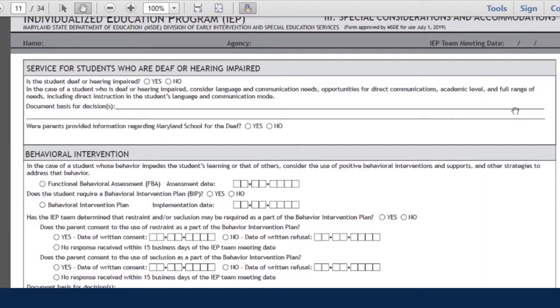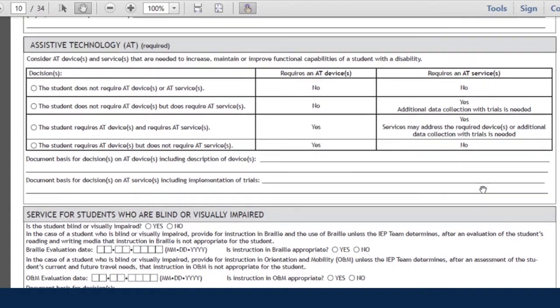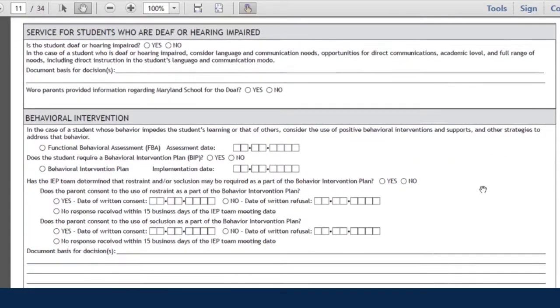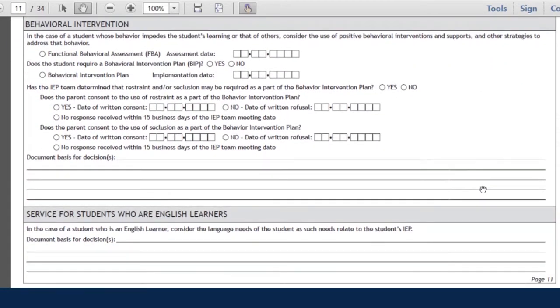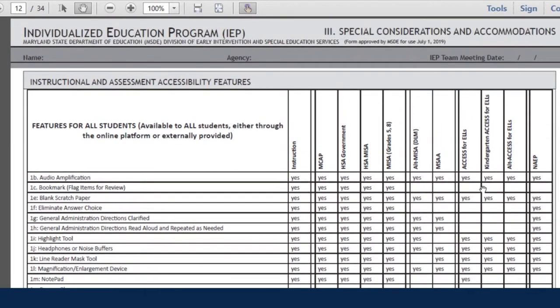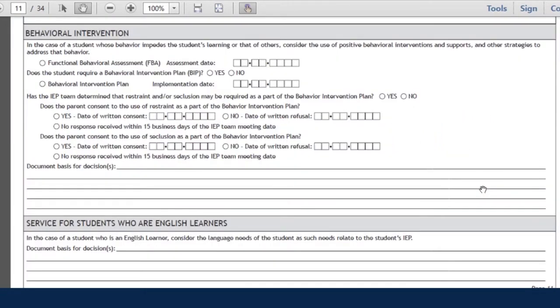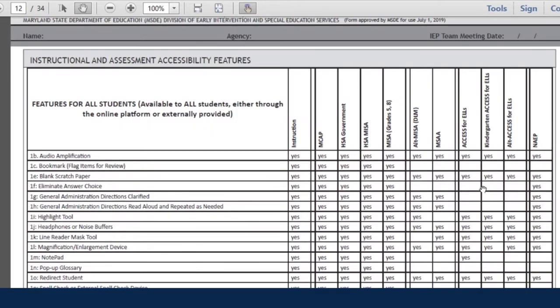But if your child receives services for deaf or hearing impaired, if they have visual impairments, if they have behavioral plans, all of these accommodations would be reflected in this section of the IEP. And if the child is an English learner or an ESOL student, that would also be reflected here.